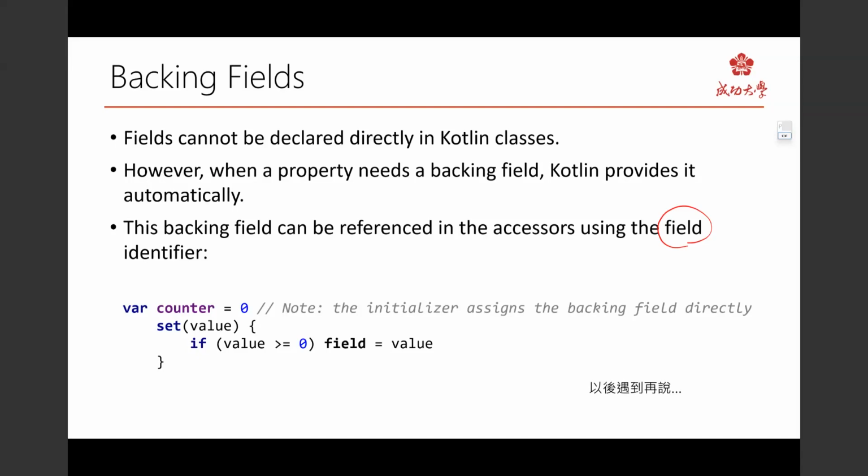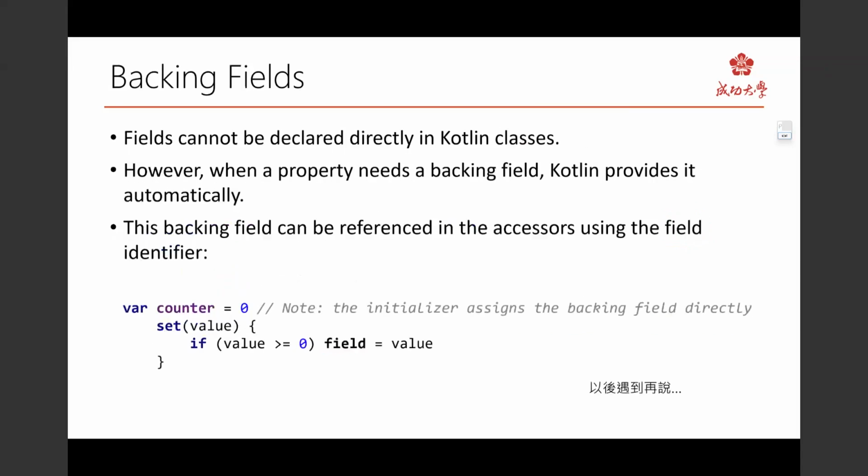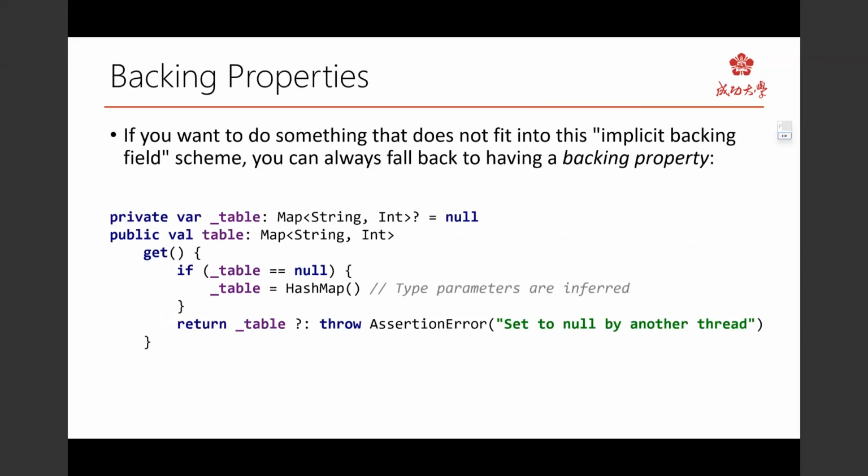This means that the backing field is the place where data is really saved, and we can access it using the field keyword inside our custom getter or setter functions. And of course, if you don't like the backing field automatically generated by the compiler, you can create your own.